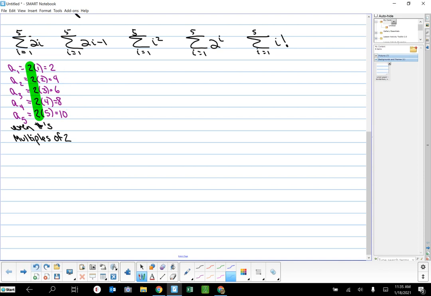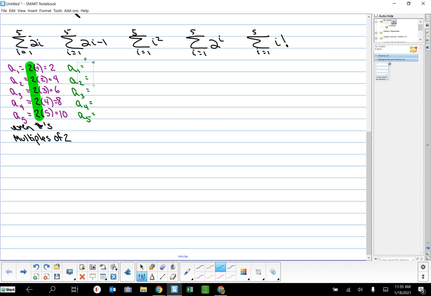All right, next one. I'm going to change my pen color, hopefully dramatically enough to see a difference. All right, so a sub 1, a sub 2, a sub 3. And now I'm taking 2i. Well, this is 2i over here. So I'm just going to take my values and subtract off 1.